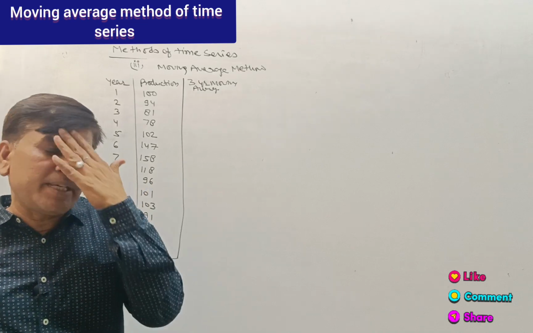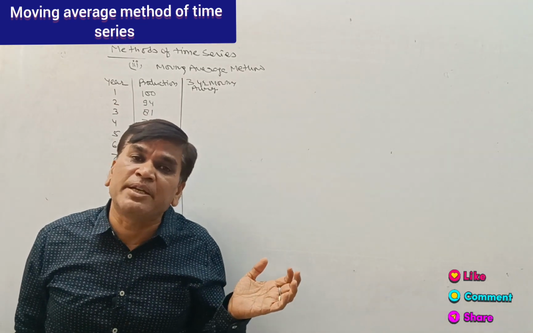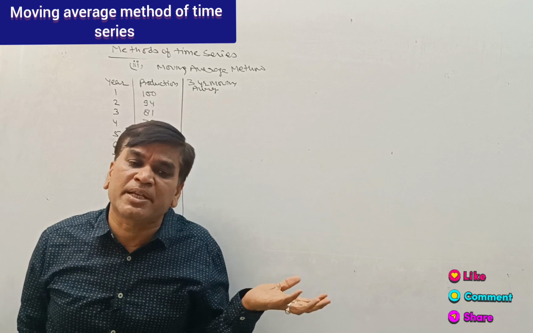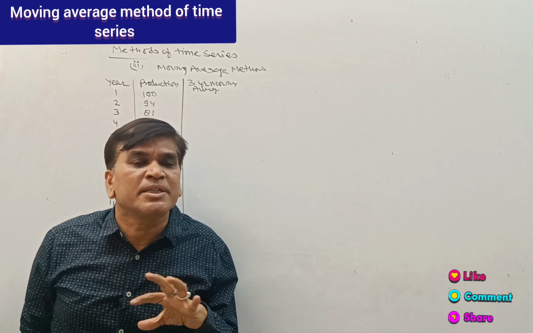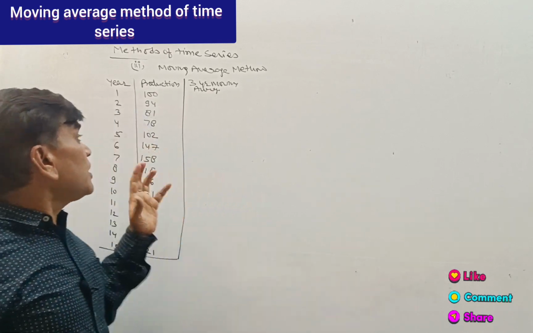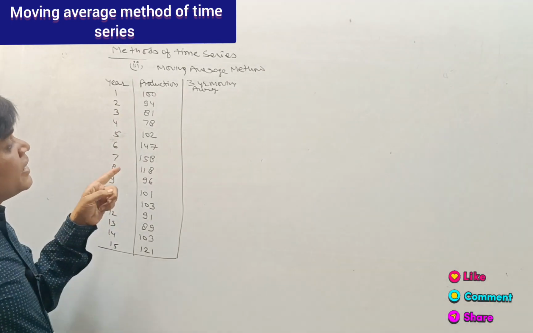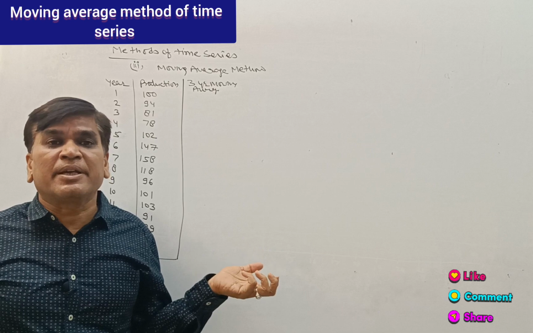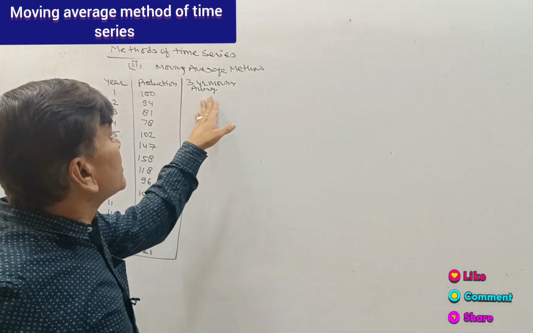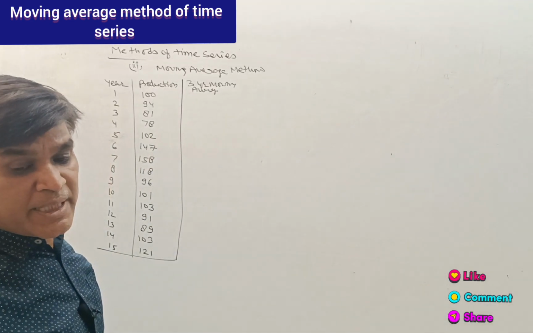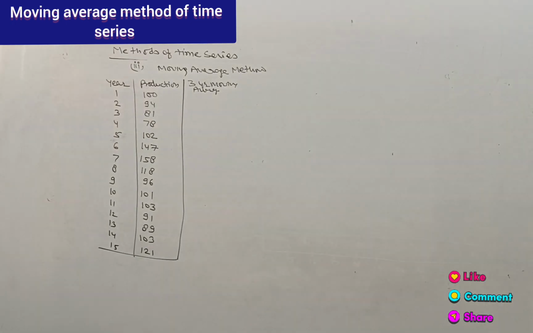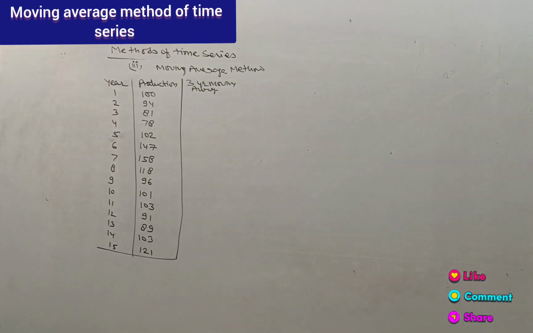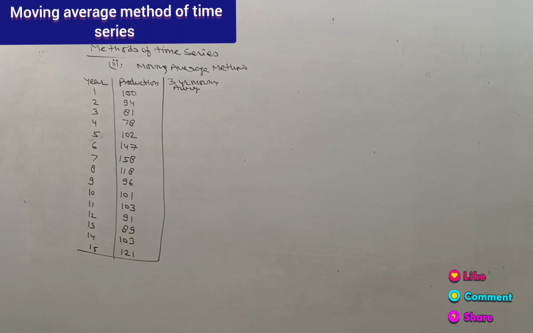Whether we are having a 3 year, 4 year, or 5 year moving average, it doesn't matter. The original data is this, and the trend data depends on how many years we are using as the moving average. Suppose I am having a 3 year moving average. For that, firstly I will get the total of 3.